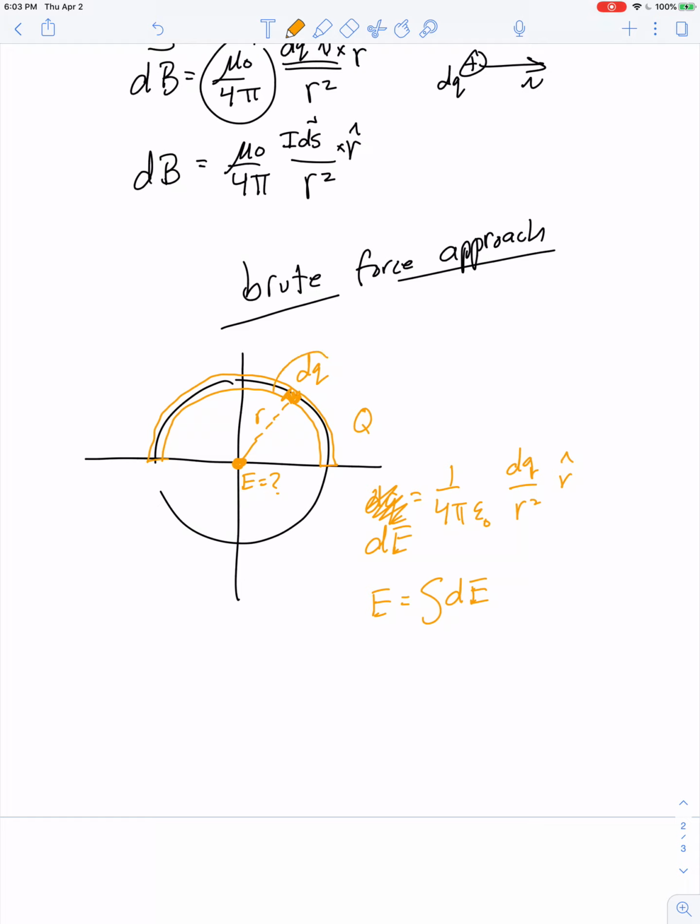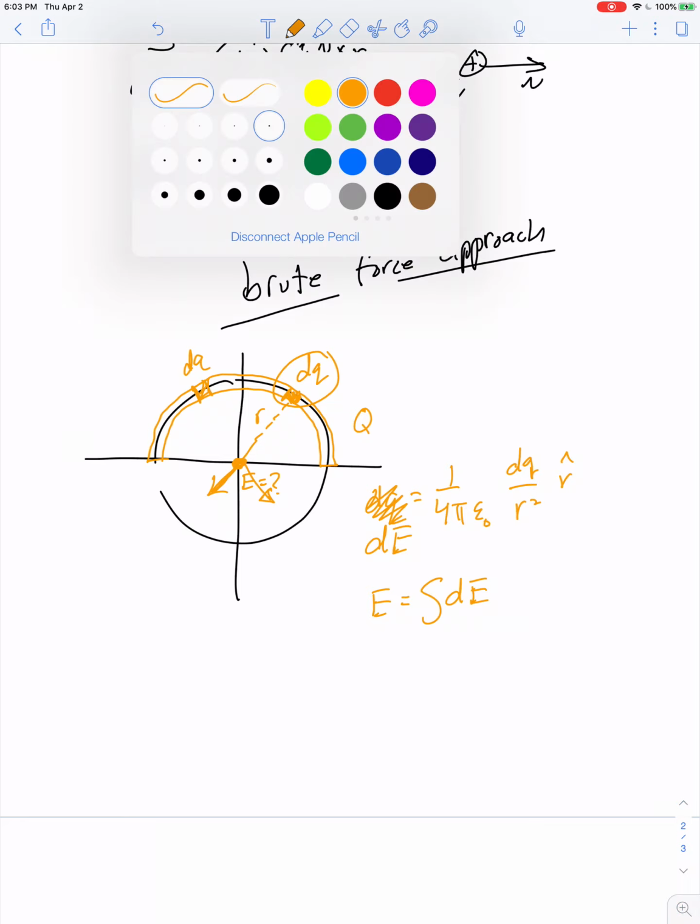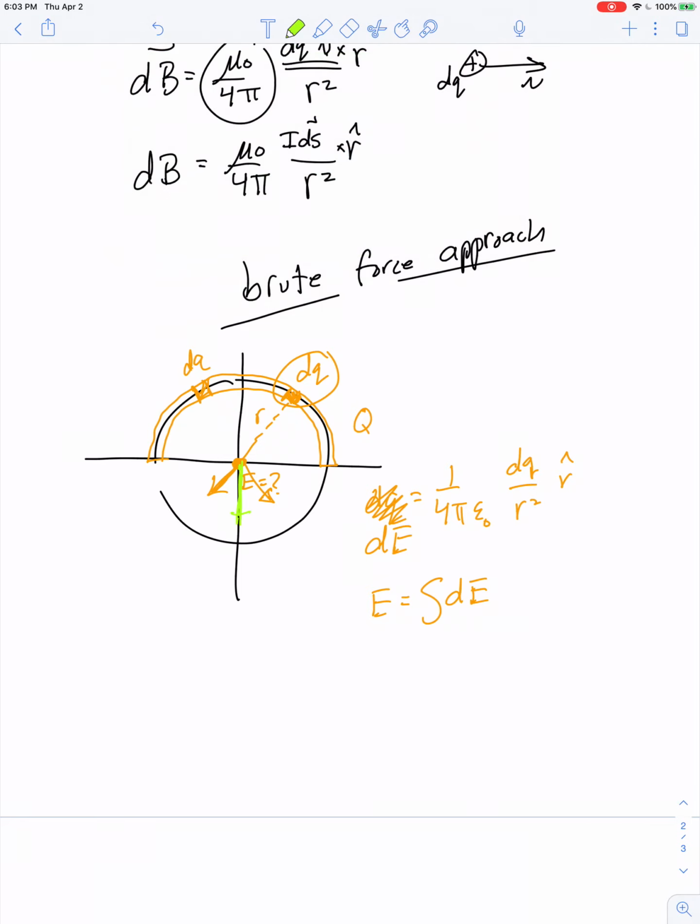By the way, this little bit of charge right here makes an electric field vector that points that way, but this little bit of charge over here makes an electric field that points in that direction. The overall net electric field is just going to be a field that points straight down.